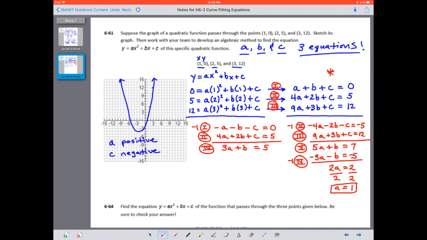Take 1, substitute it back in. I'm going to put it into equation 4. So we have 3 times 1 plus b equals 5. And b ends up equaling 2.